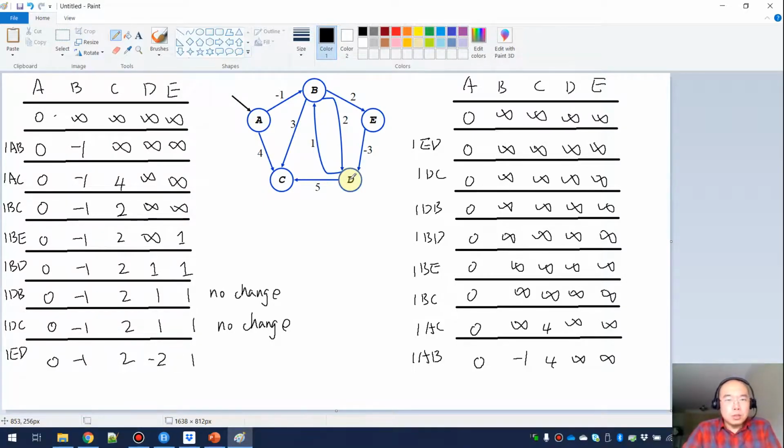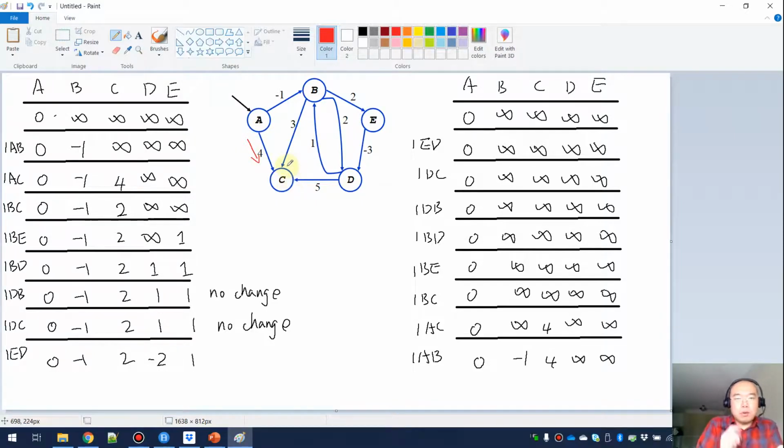So that should be 4. Why? Because we have a total of 5 nodes, right? So this means with 4 hops, there should be a way that we can go from A to all the other nodes if there is a path. So for example, to get from A to C, there is a 1 hop solution, A to C, right?